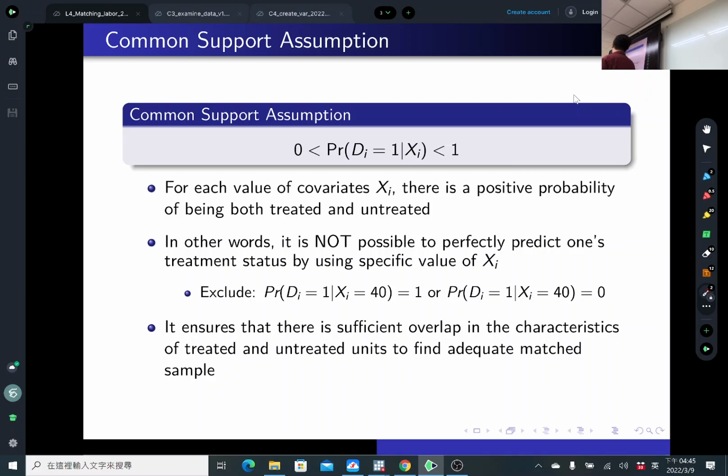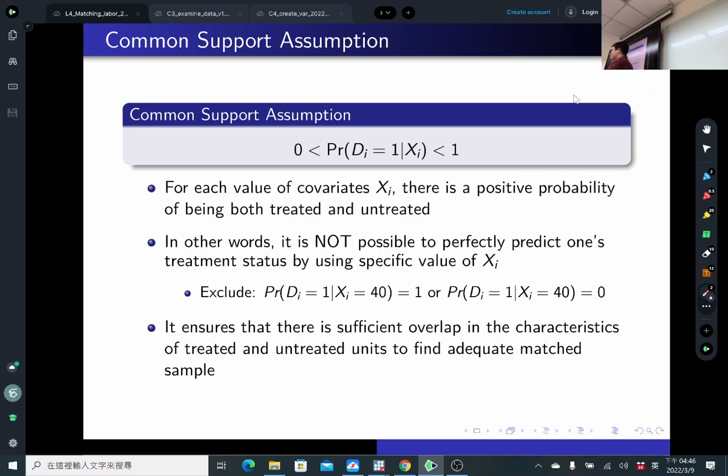Given they are 40 years old, if the probability of getting treatment is 100%, then everyone gets treatment, and you cannot use matching as I said before.